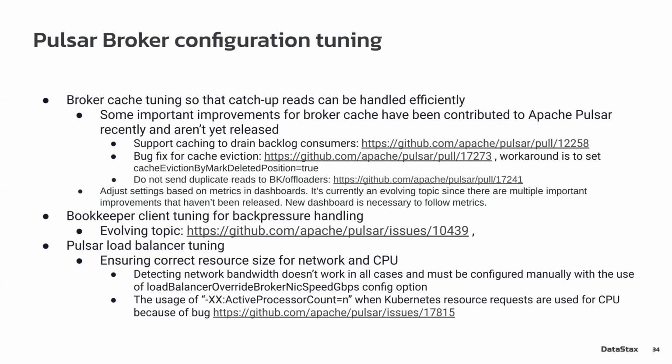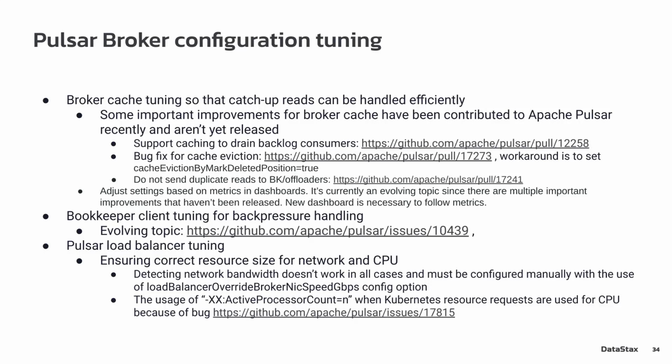There's also Bookkeeper client tuning for back pressure handling. That's also an evolving topic. It could help in certain cases where there's heavy write or read load, so that the broker doesn't run into a situation where it's overloaded in a way that the memory runs out.